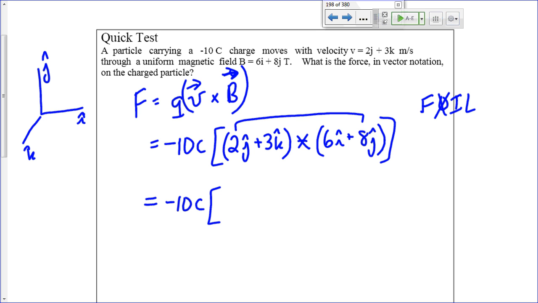Alright, so that's going to be 12 J cross I. Plus 18 K cross I. It's very important that you write your operands in the cross product in the correct order. And then 24 K cross J.